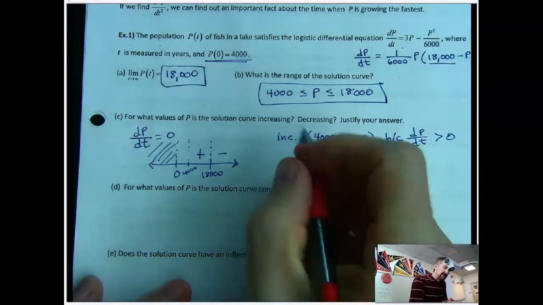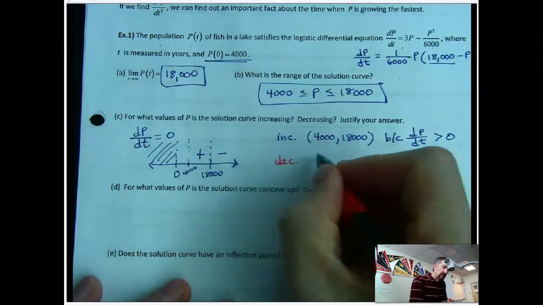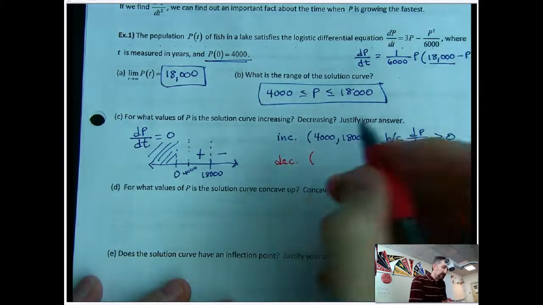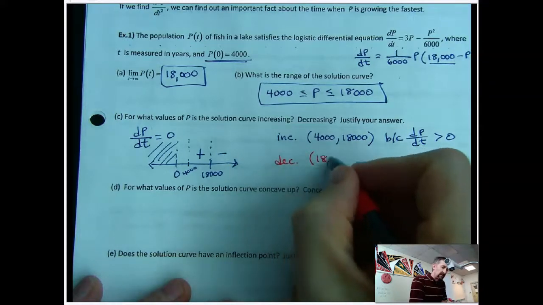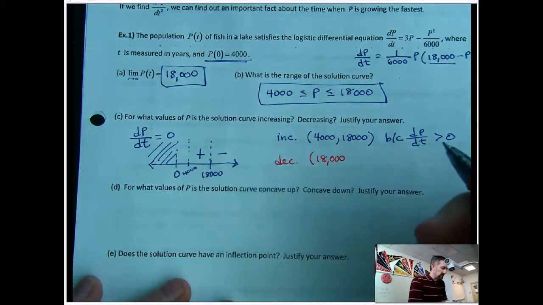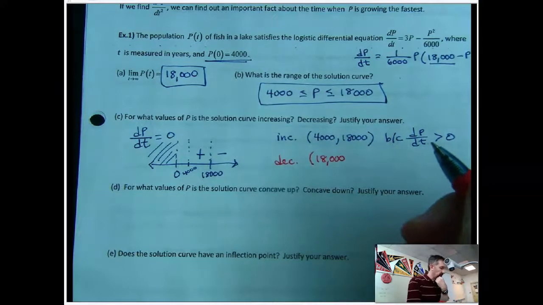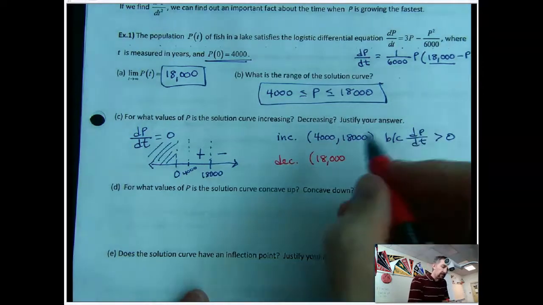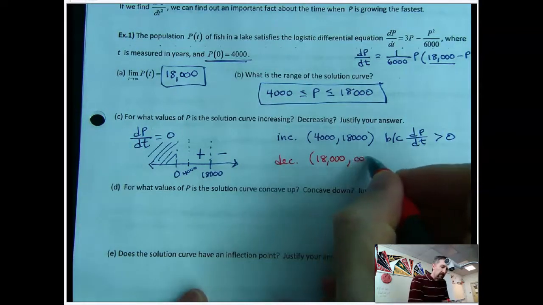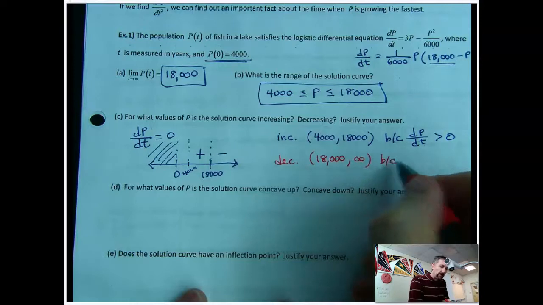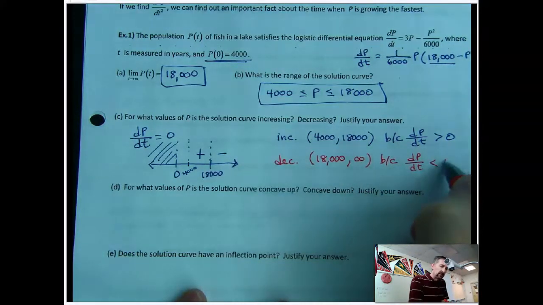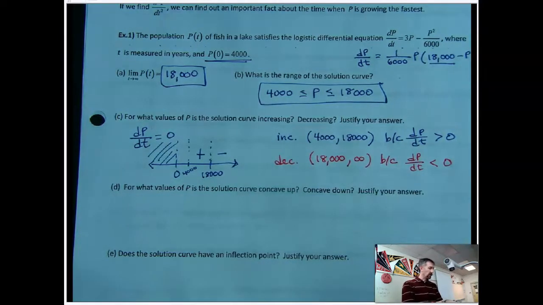And it's going to be decreasing from 18,000, because dp dt is less than 0. All right.